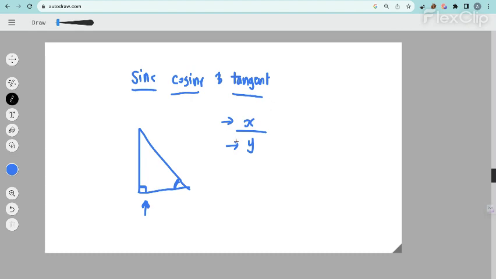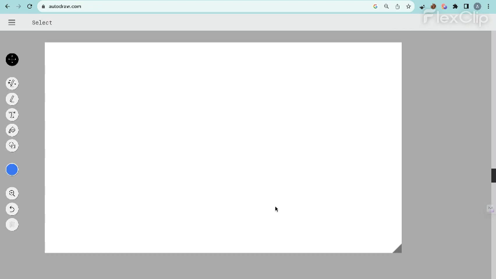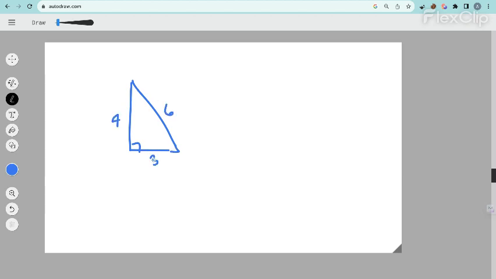So what I mean by that is, let's look at an example. Let's say I have a right triangle. Remember, it has to be a right triangle. And let's say the lengths here are 6, 4, and 3. And let's say it gives you this angle, and it'll usually call it a variable like theta. Theta is just a variable.